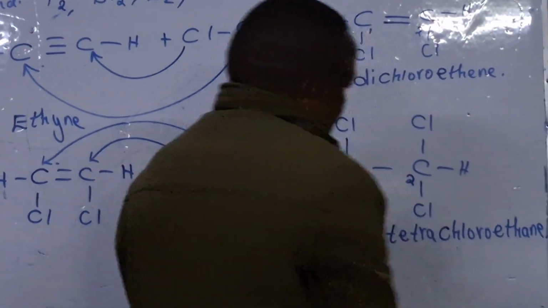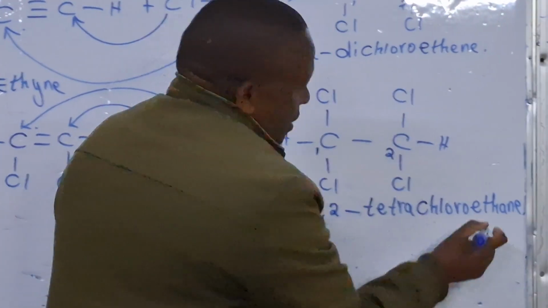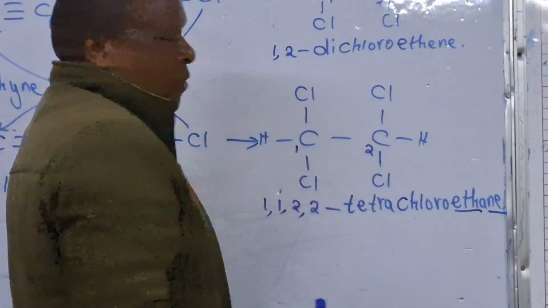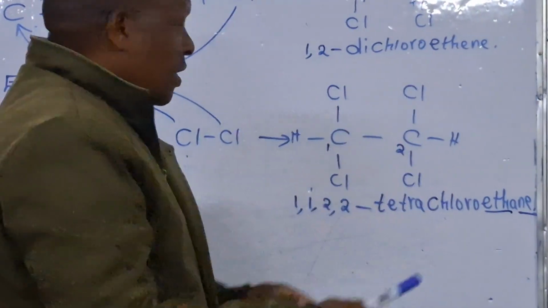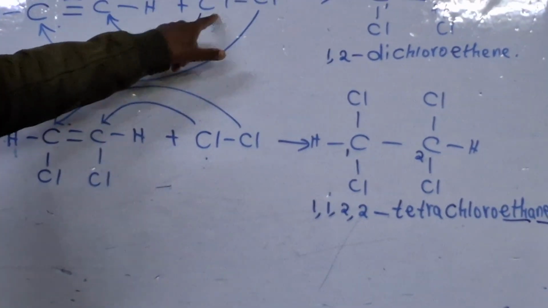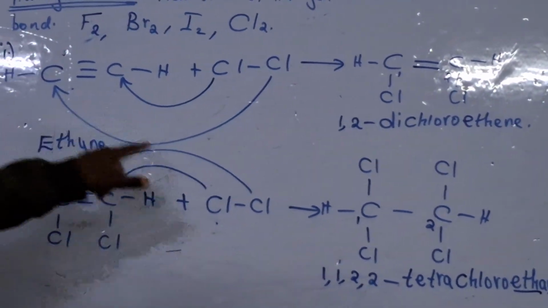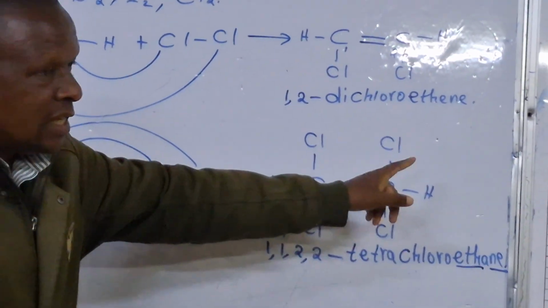Why ethane? Because there are 2 carbon atoms and we have single covalent bonds alone. Are we together? Yes. So when 1 mole of chlorine molecules is added, what do you form? 1,2-dichloroethene.